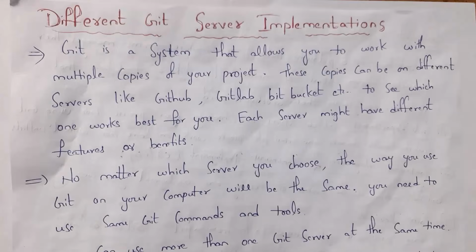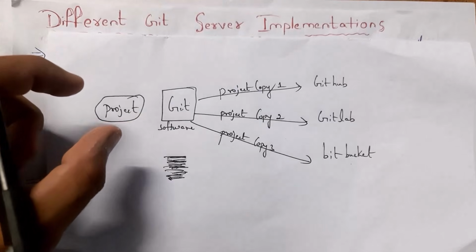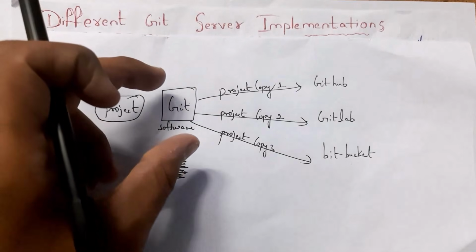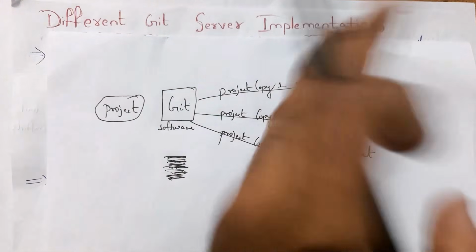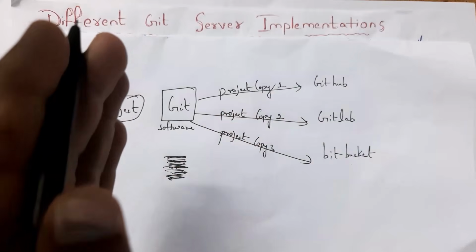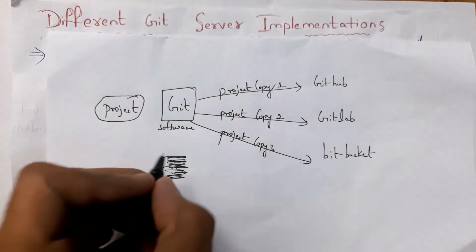Next I will explain different Git server implementations. Guys, whenever you develop any project, at first we will store our project in Git software. From Git software, we will copy our project into various servers like GitHub, GitLab and Bitbucket. From Git, in order to copy our project into various servers, you need to use the same Git commands.